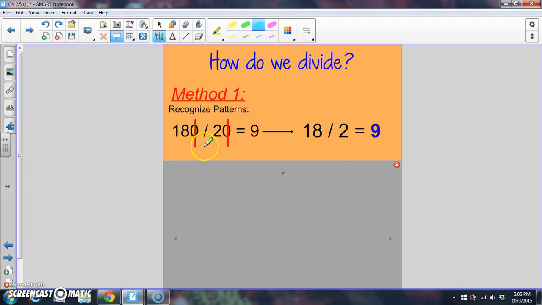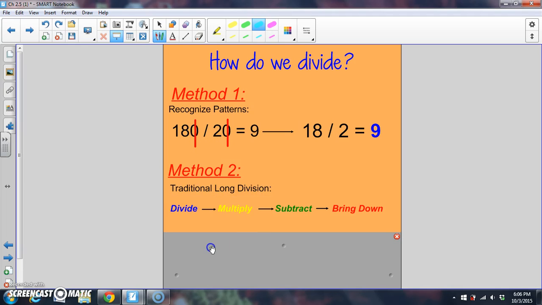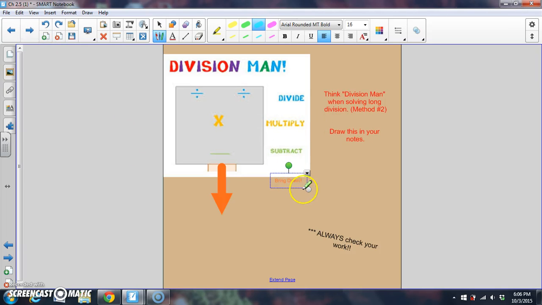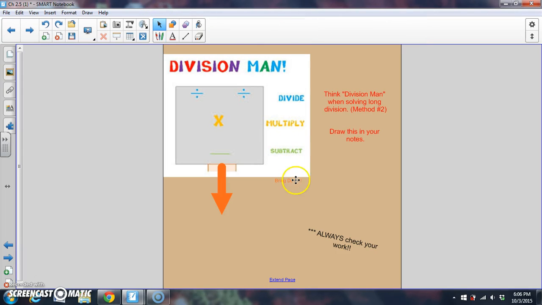Sometimes we don't always have this option, and so sometimes we might need a traditional long division approach, using divide, multiply, subtract, bring down. Yesterday you watched a short video about the division man, and here is just a reminder of dividing, multiplying, subtracting, and bringing down your numbers.